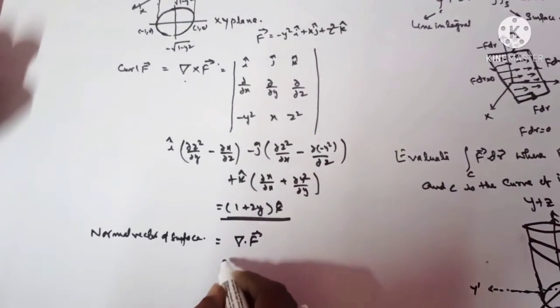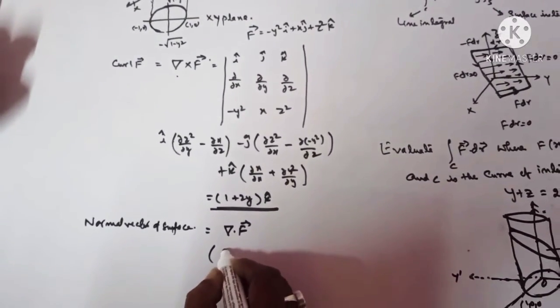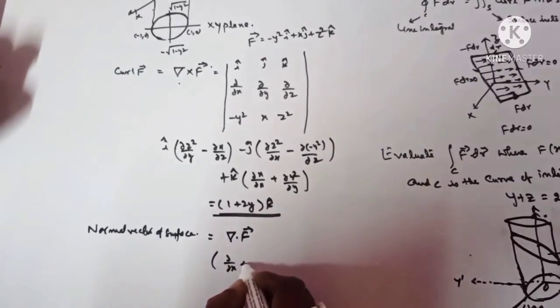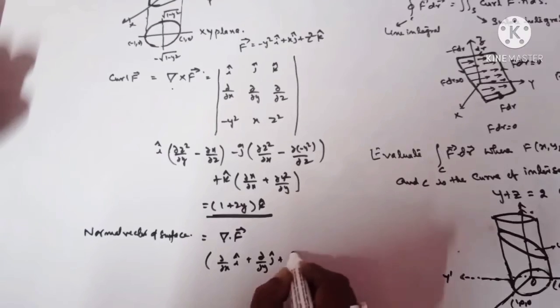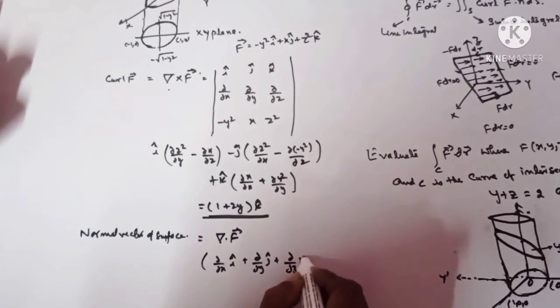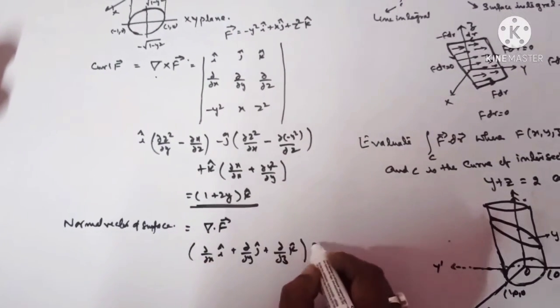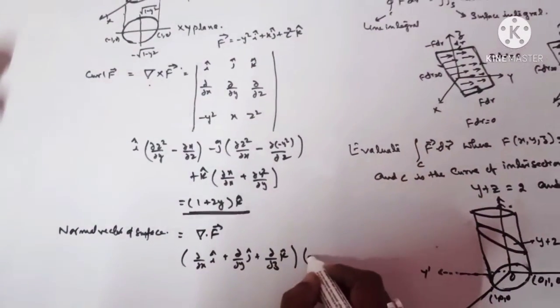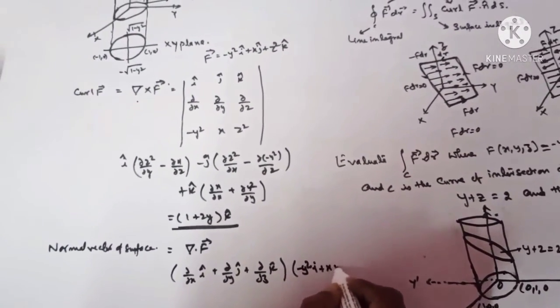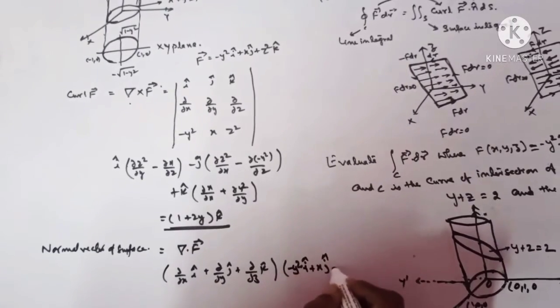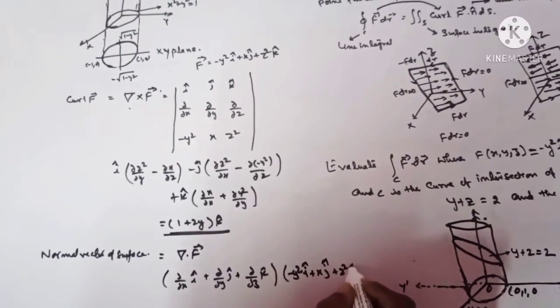Your operator is del by del x i cap plus del by del y j cap plus del by del z k cap, and your f vector is given to you: minus y square i cap plus x j cap plus z square k cap.